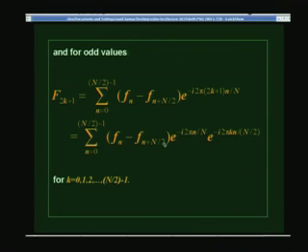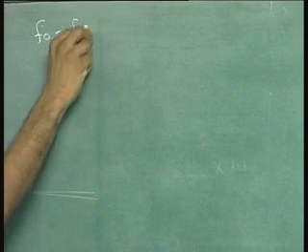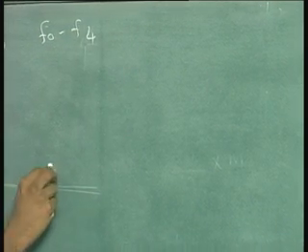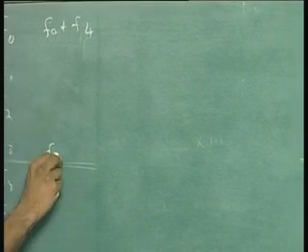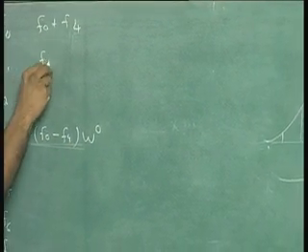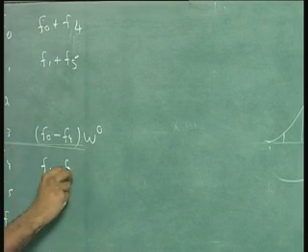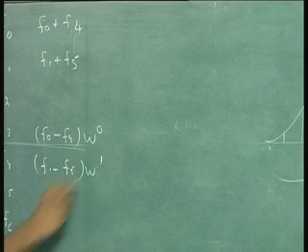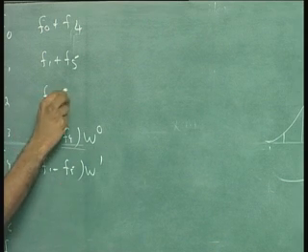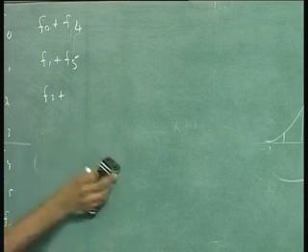We'll do that for the same function again. So we are going to write this now as f0 plus f4, f0 minus f4 into w0, and here f1 plus f5, and here f1 minus f5 times w1. Sorry, I made a mistake.